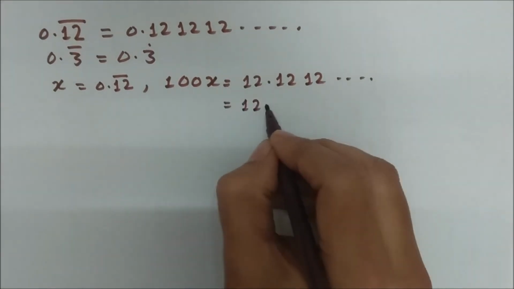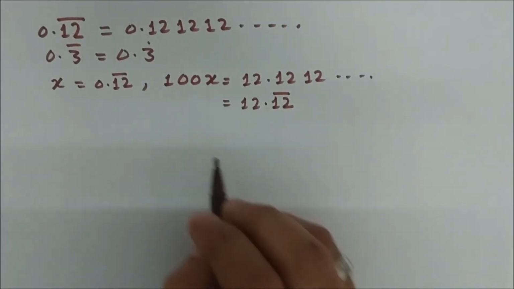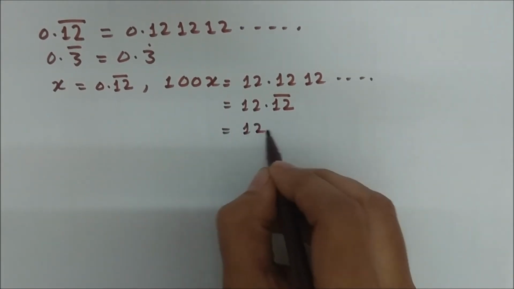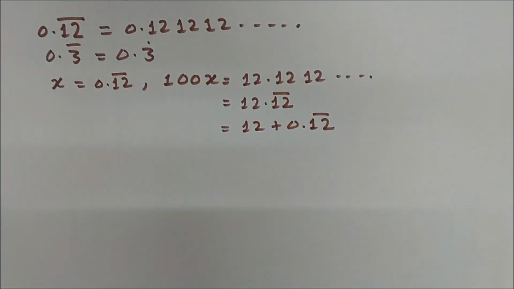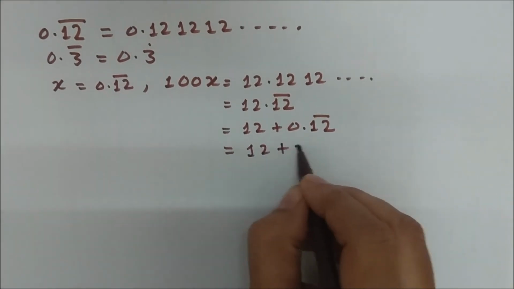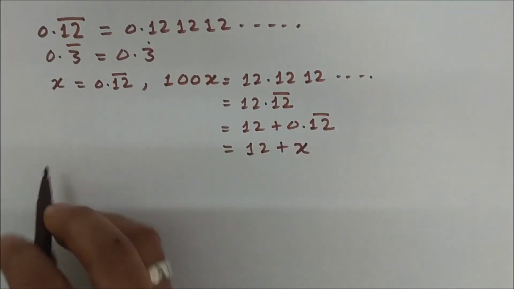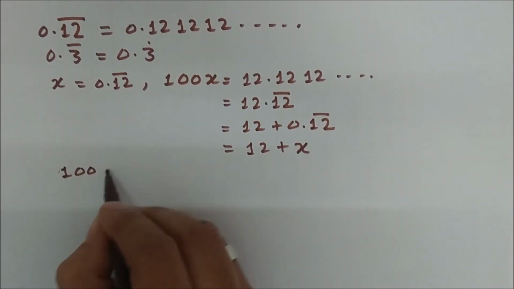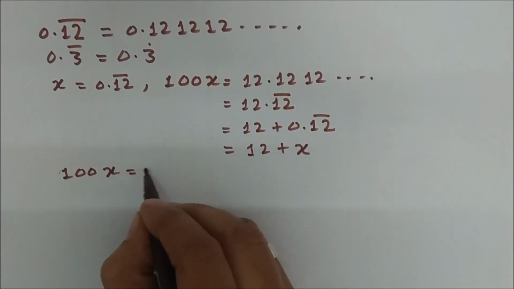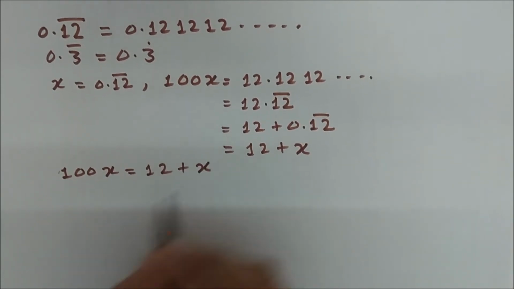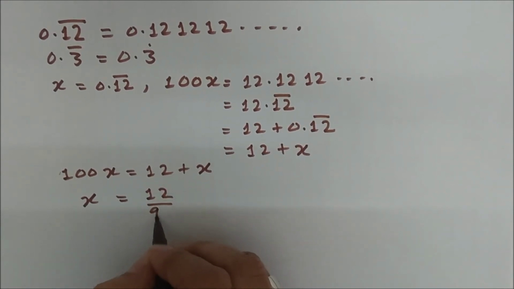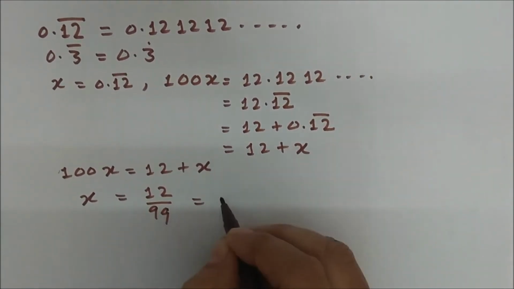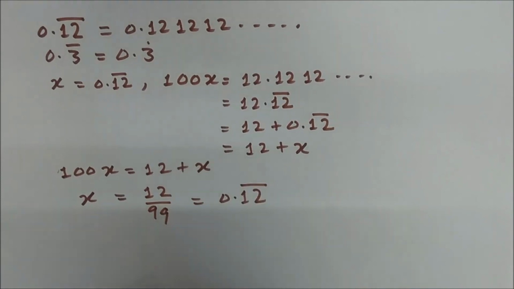This changes to 12.12 bar, or 12 plus 0.12 bar, or again we have assumed this as equal to x, it becomes 12 plus x, and 100x can be written as 12 plus x, and finally we get x is equal to 12 by 99. This is the value of 0.12 bar.